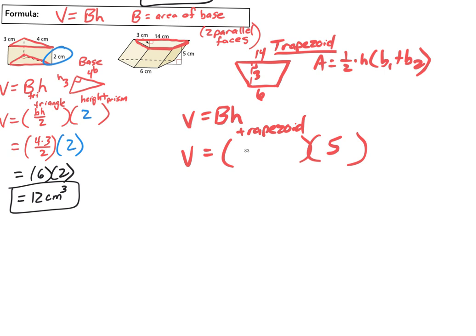So when we type all of this into our formula, we're going to do 1/2 times the height of the trapezoid, just the trapezoid, okay? I'm writing all this out. The reason I'm writing all this out is because you have to do things in a particular order.